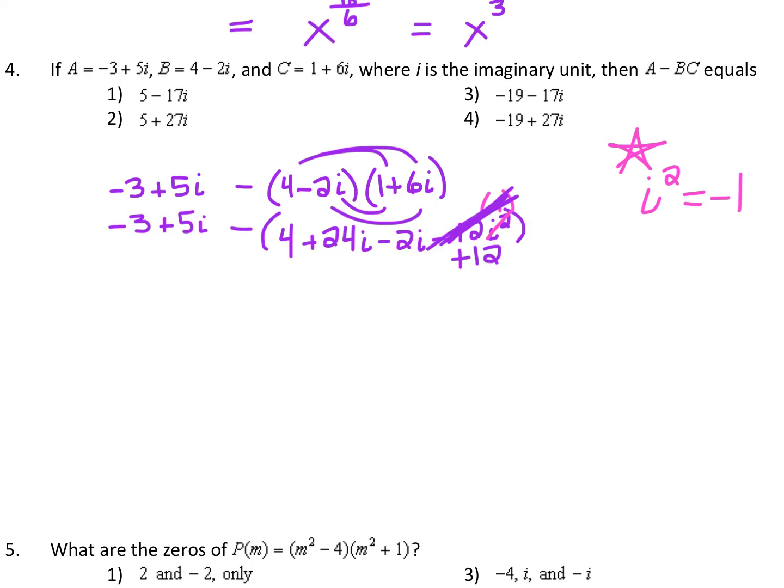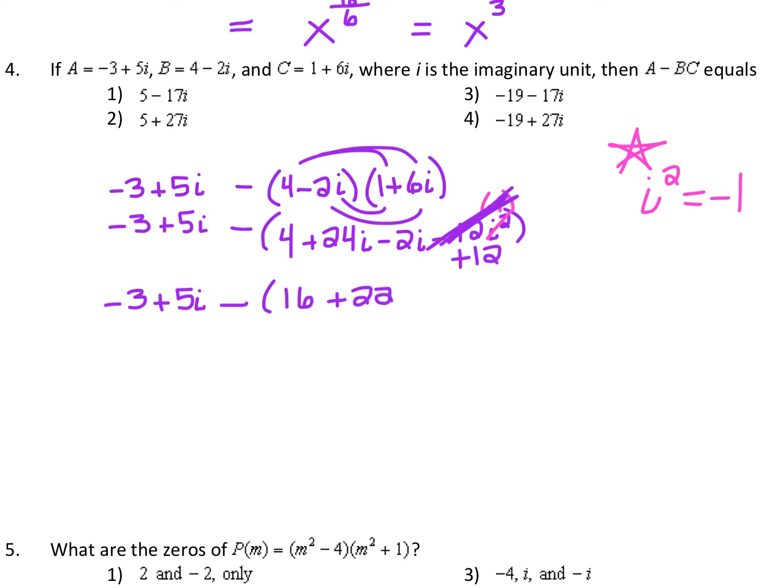Okay? All right, so let me bring down the negative 3 plus 5i, and then minus, I'm still going to leave this in parentheses. I want to combine my like terms. So if we combine our like terms, we have 4, and now we have a plus 12. So 4 plus 12 is 16. And then, positive 24 minus 2i would be positive 22i.